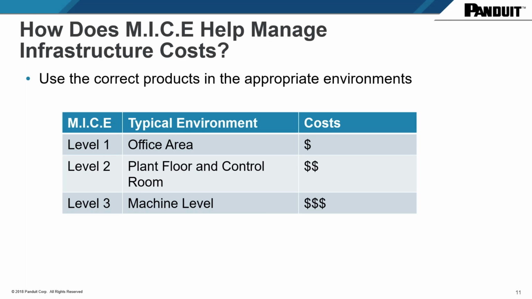Okay, what does it all mean? We try to apply the MICE guideline everywhere possible in an industrial space to give us the best protection for our cables and connectors. And we have to be cognizant of these costs.